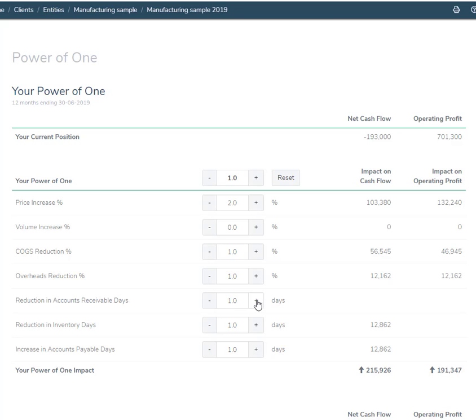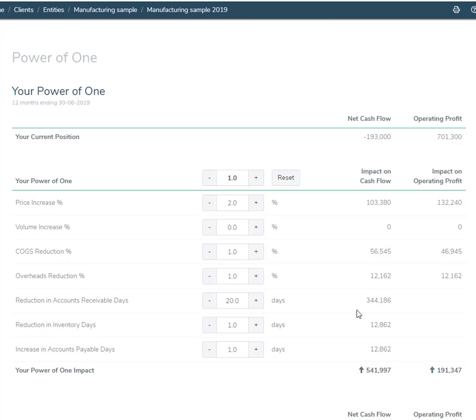Increase this by 20 days. Because it's actually a reduction, we have to increase here. So all this is effectively saying is what we're going to do is reduce the amount of time it takes for us to collect our money from 80 days to 60 days. So we'll put some processes in place to do that.